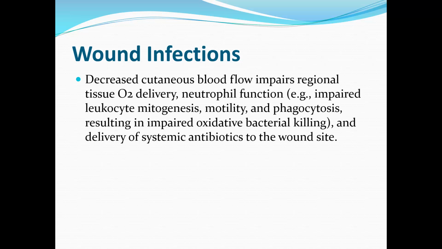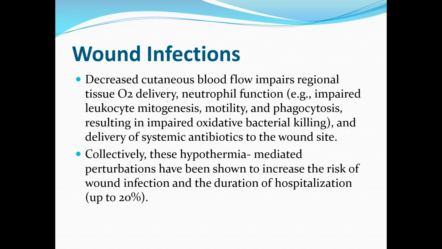What about wound infection? You can imagine decreased cutaneous blood flow impairs regional oxygen delivery, neutrophil function, and delivery of systemic antibiotics to the wound site. The combination of these hypothermia-mediated perturbations has been shown to increase the risk of wound infection during hospitalization, and that can increase the risk by 20%.